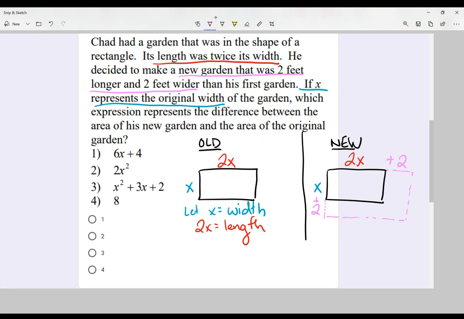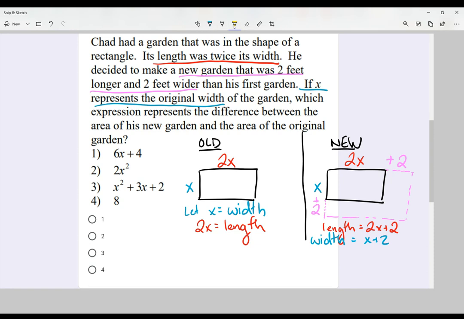Okay, so for the new, the length equals 2x plus 2, and the width is x plus 2.